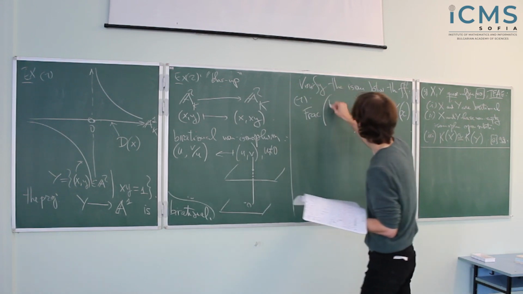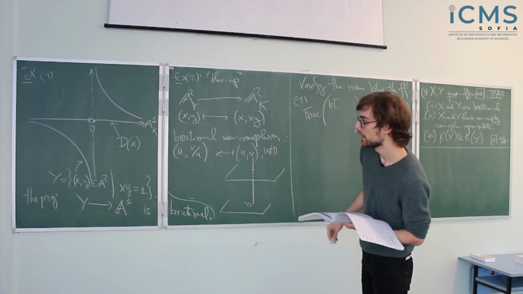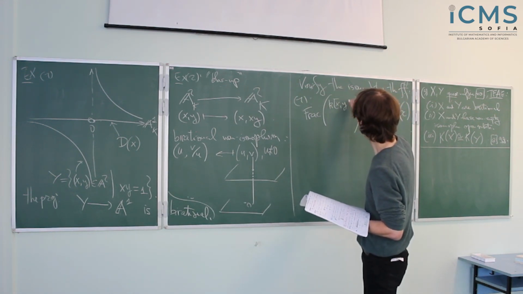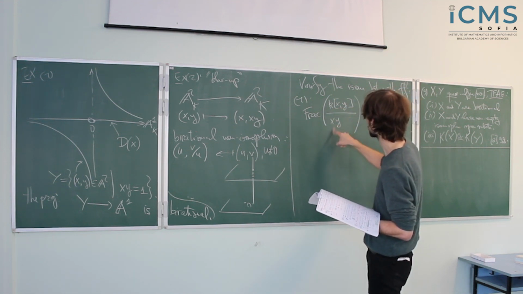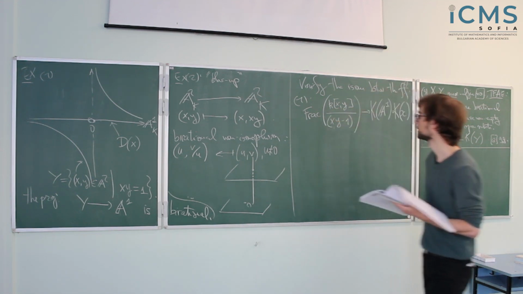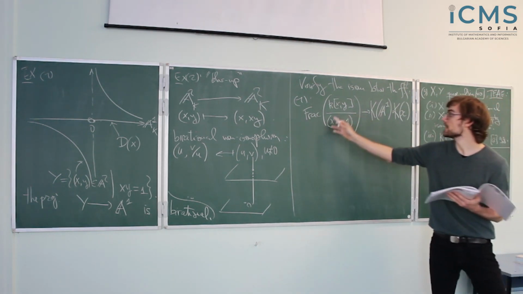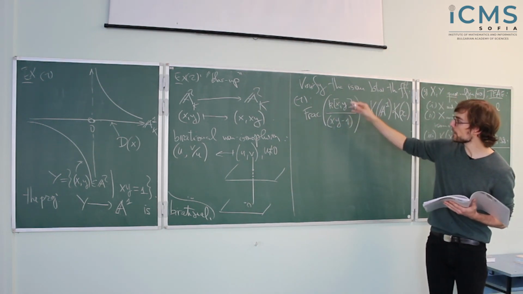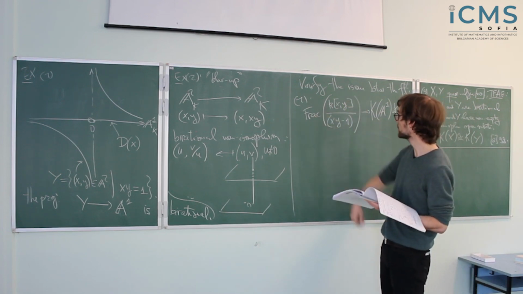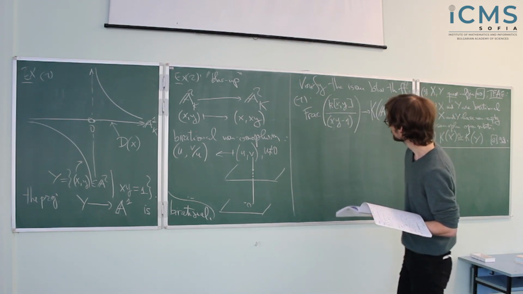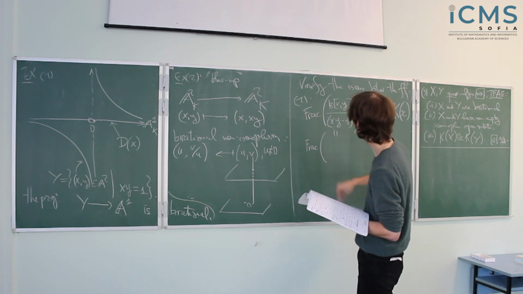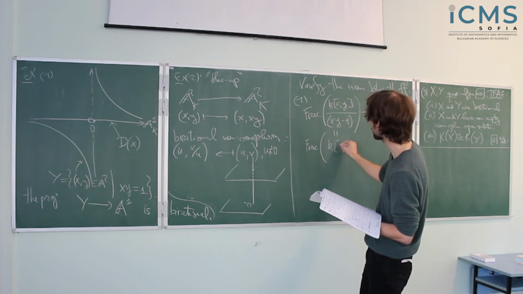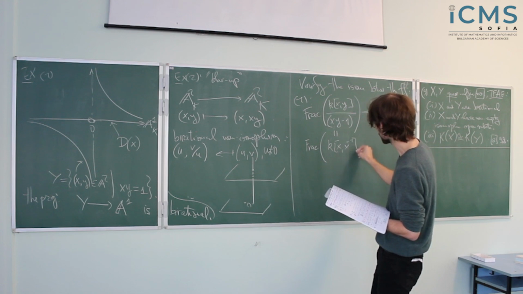So this is k[x, y] divided by (xy - 1). Okay, so this is a prime ideal, this is an integral domain, and so we can take its fraction field. But what is this? Well, in another notation, you can consider that this is the fraction field of k[x, x^-1].